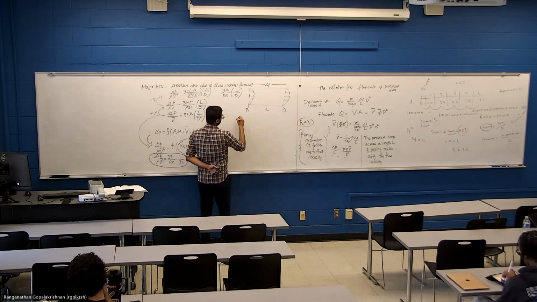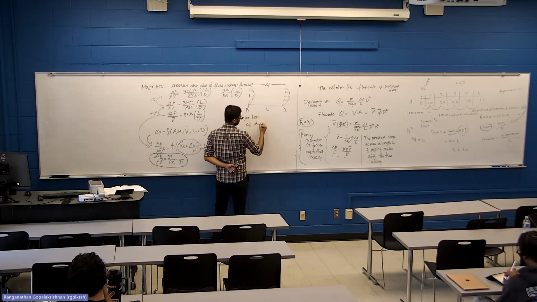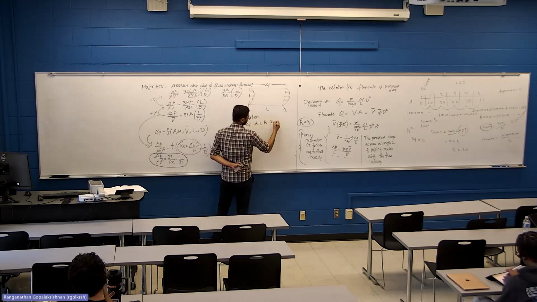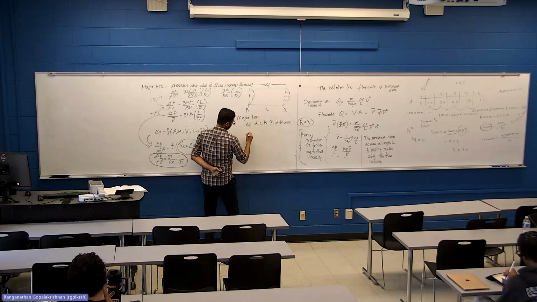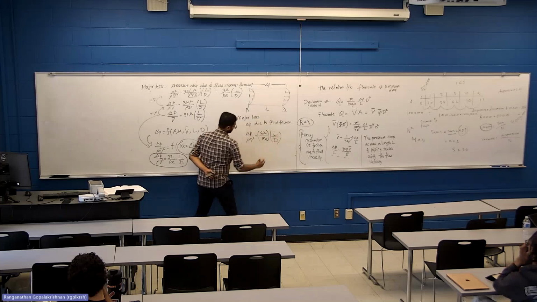Major loss, that is delta P due to fluid friction, is given by delta P over rho V bar squared equal to 32 divided by Reynolds number times L over D.